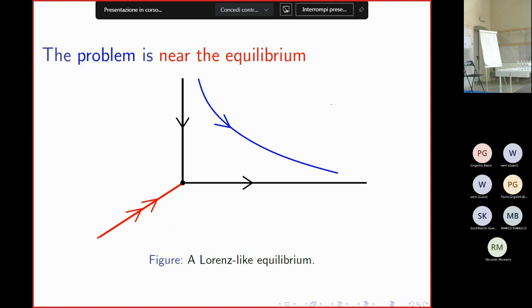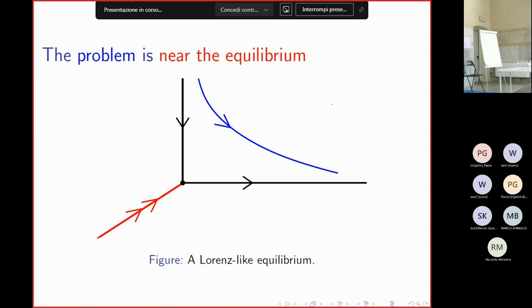You see that one direction contracts stronger than the other, and one is expanding, and the behavior nearby is like this.